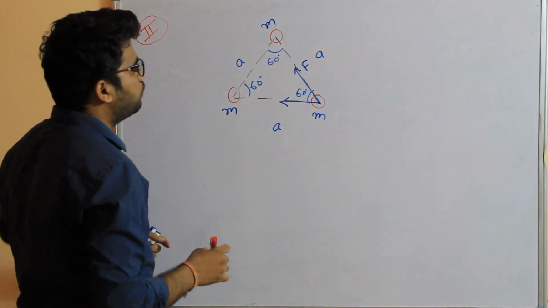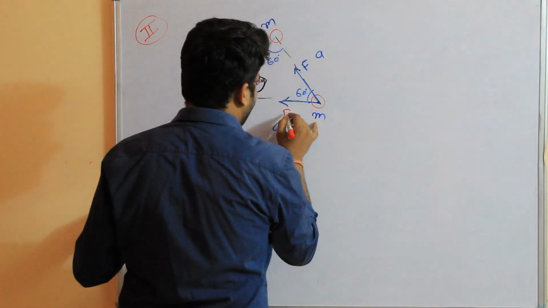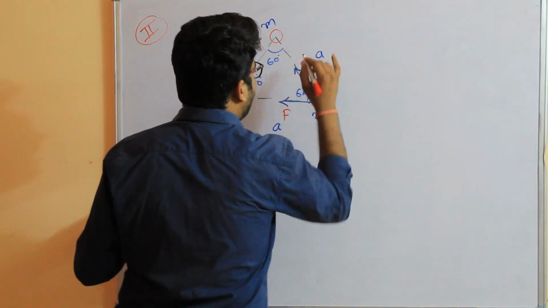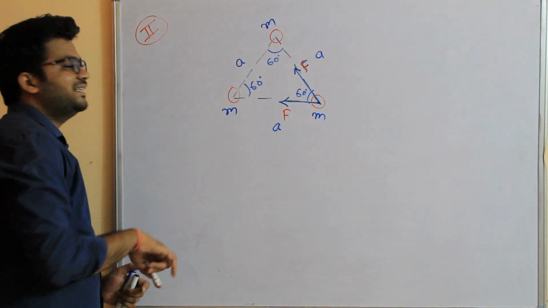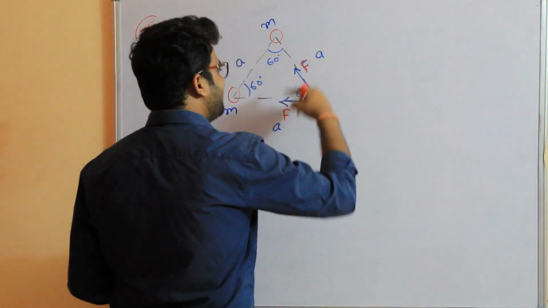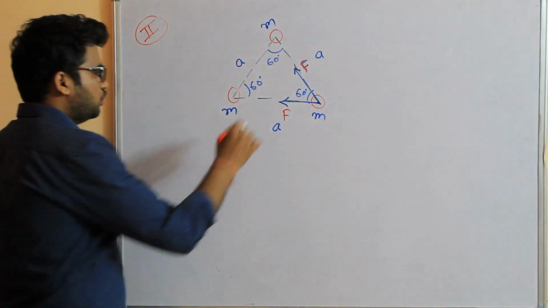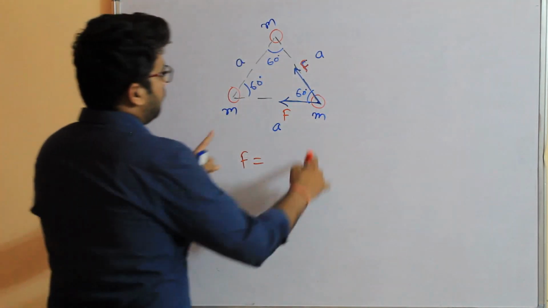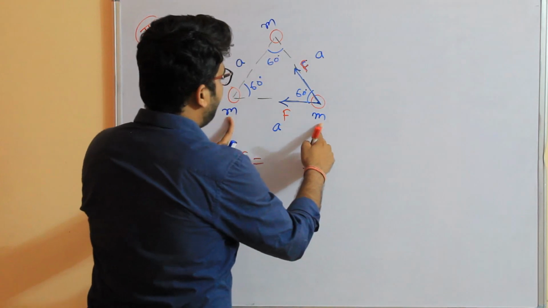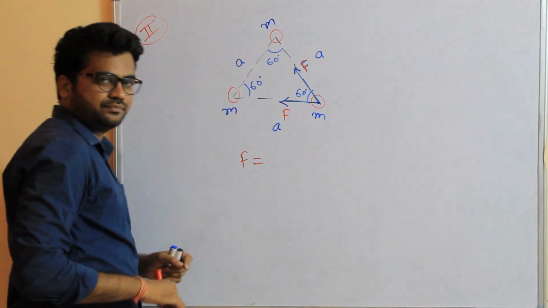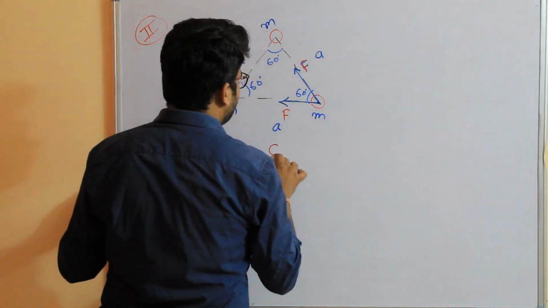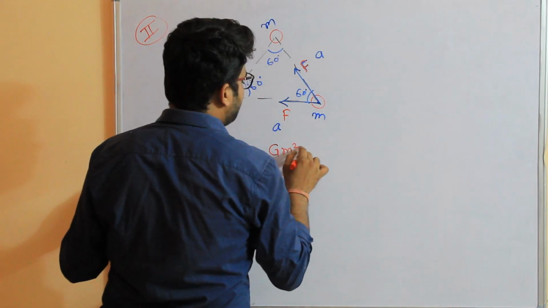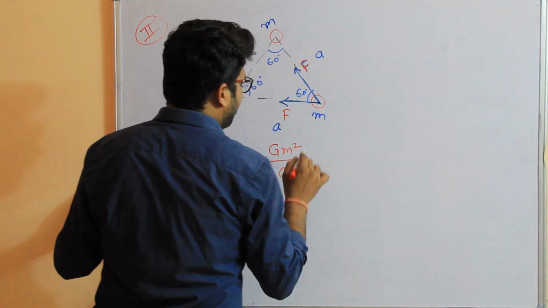Okay. Now this force F and this force F are equal in magnitude but different in direction. So for the force magnitude we can write F is equal to, two masses which are placed at a distance A, by using Newton's law, Gm square divided by A square.